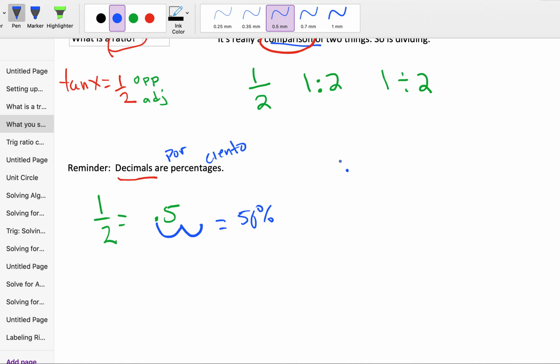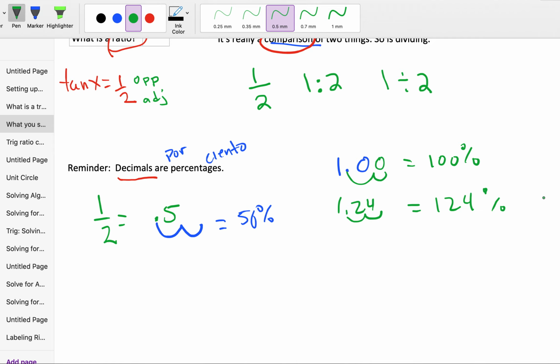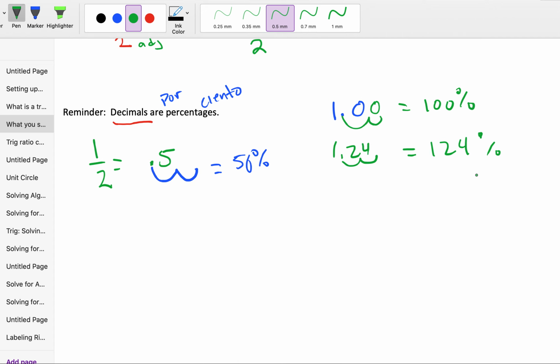Well, actually to begin with, what's 100%? 1.0. Because if I move the decimal spot twice, I get 100%. If I go above 1, like 1.24, it still works. Move the decimal, it's 124%. Sometimes you have a larger than whole number, larger than 1. 0.99 would be 99%.